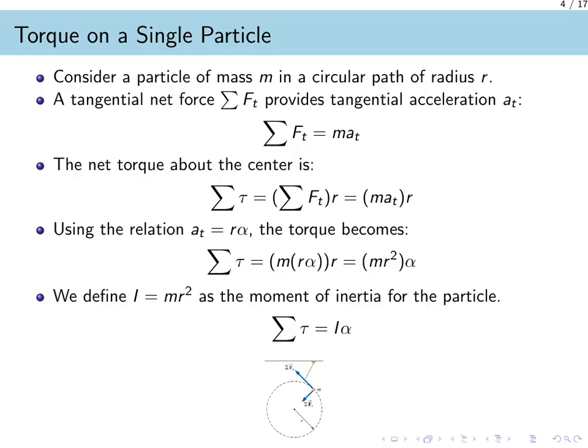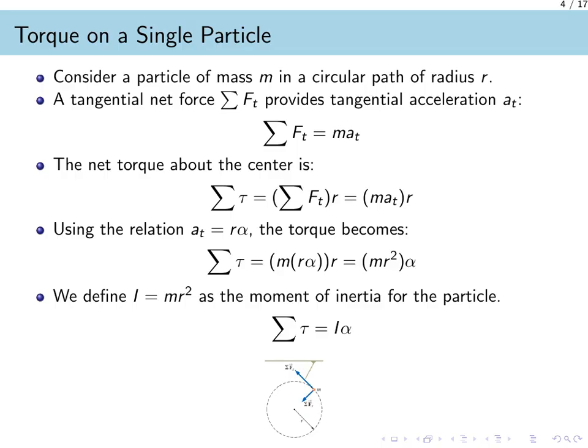To express this in rotational terms, we replace the tangential acceleration, a sub t, with its rotational equivalent, r times the angular acceleration, alpha. After substituting and rearranging the terms, the equation becomes tau equals the quantity m r squared, all multiplied by alpha.